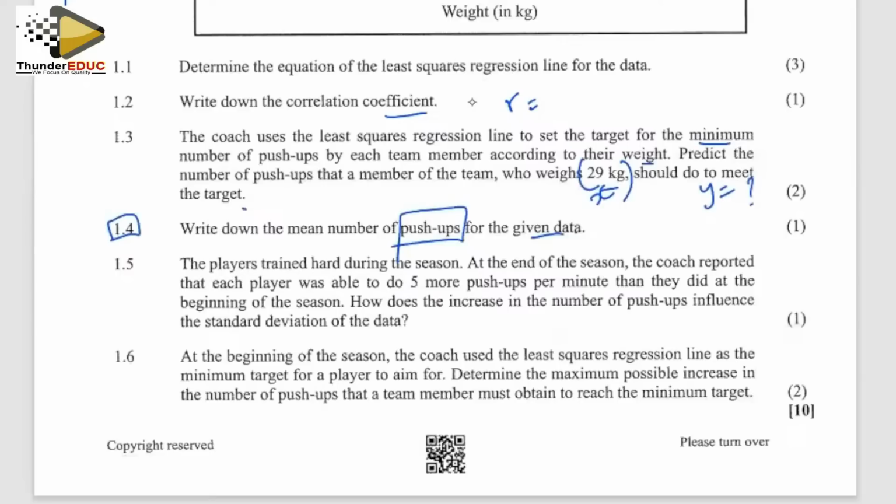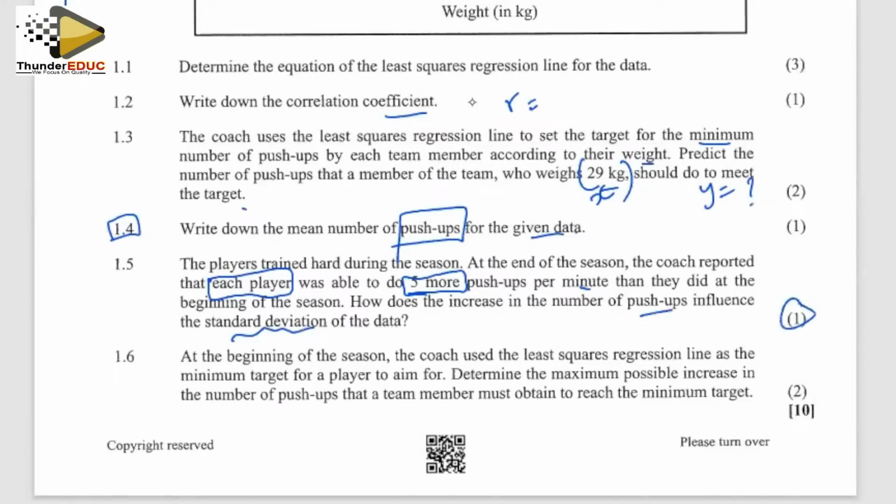Then 1.5. The players trained hard during the session. At the end of the session, the coach reported that each player was able to do 5 extra push-ups per minute than they did at the beginning of the session. How does the increase in the number of push-ups influence the standard deviation, for 1 mark?